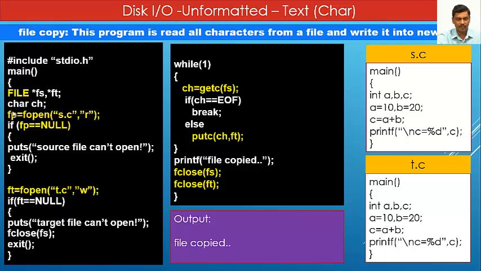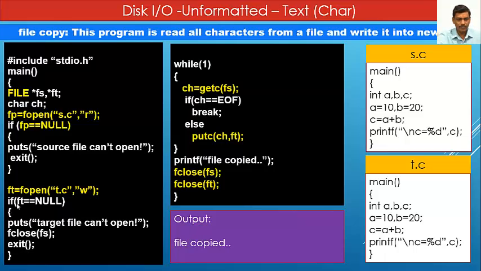Here we put fs; this is a printing mistake, it is fs. Then we exit the program. Without closing the file, if we exit the program, the content may be destroyed. The file s.c already has some content, it may be destroyed. So for the security of the file, we must close it.